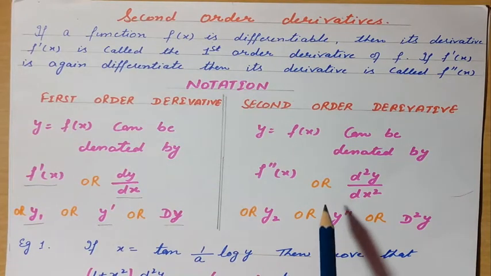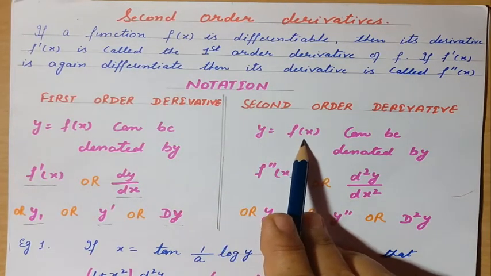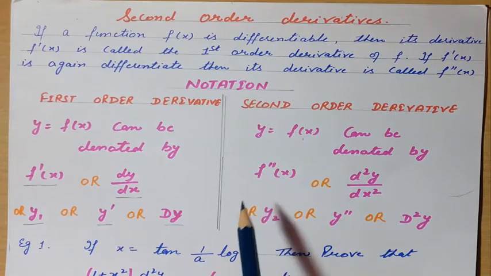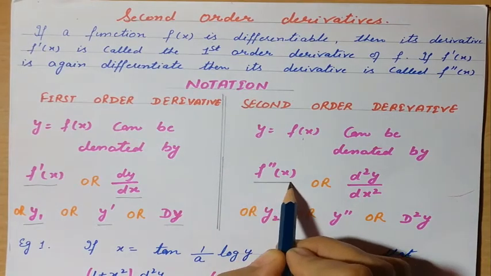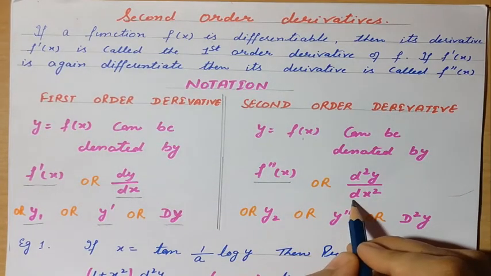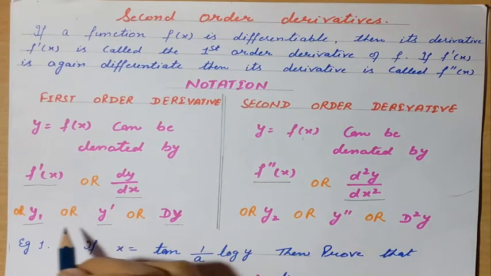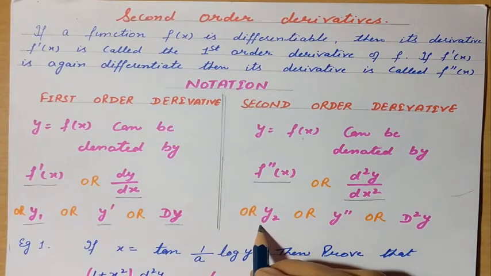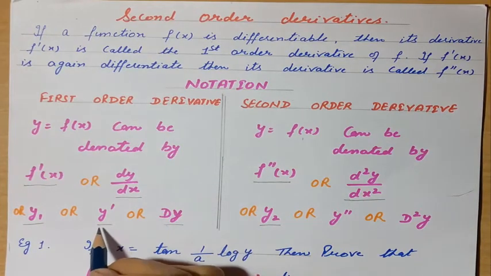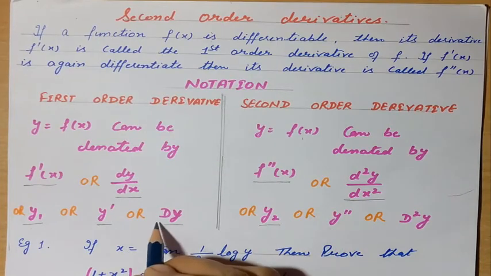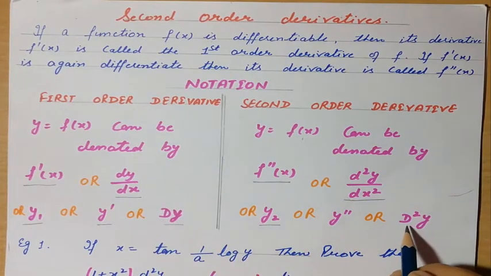In the same way, for the second order derivative, the notation will be f''(x), d²y/dx², y2, y'' and D²y.